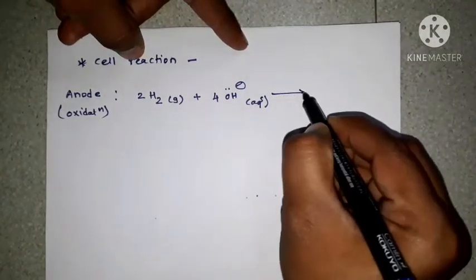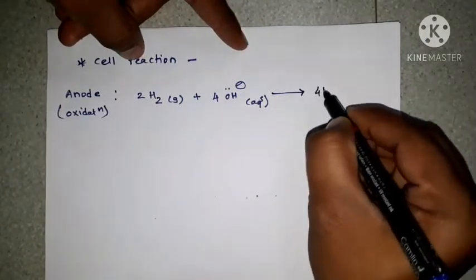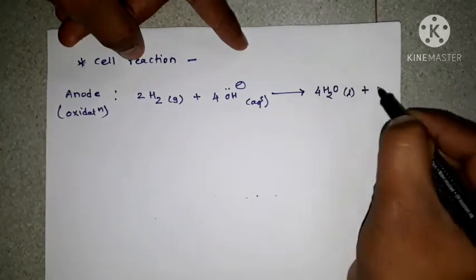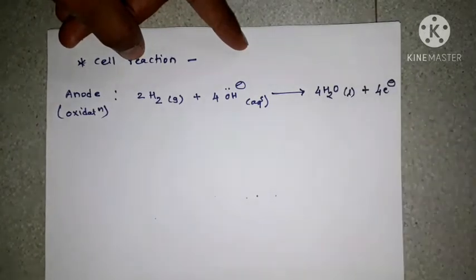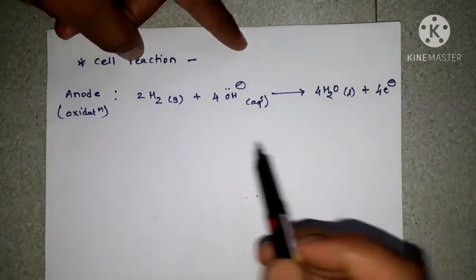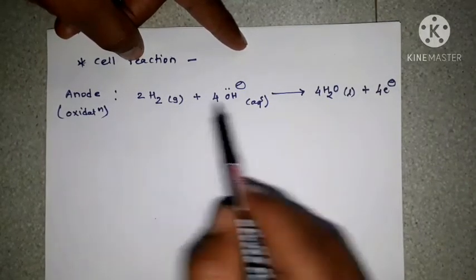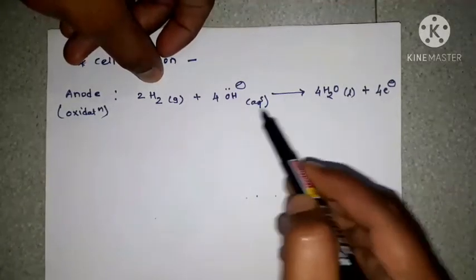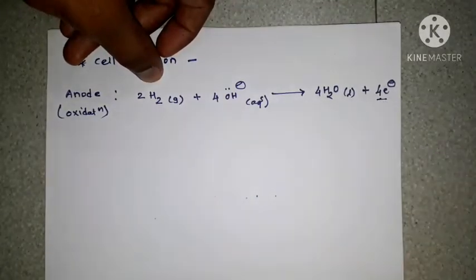It gives 4 moles of water in liquid form and 4 electrons are generated, okay. 4 electrons are generated in the oxidation process, because oxidation is the loss of electrons.